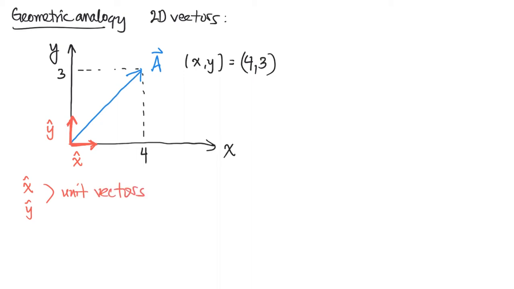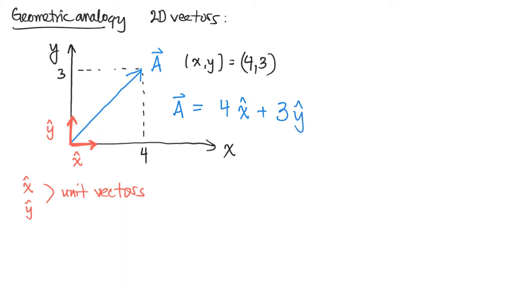And the word unit here means length 1. So this is a vector of length 1 pointing in the x direction for x hat, or pointing in the y direction for y hat. So another way that we can write this vector A is that we could say A is 4 x hat vectors plus 3 y hat vectors.